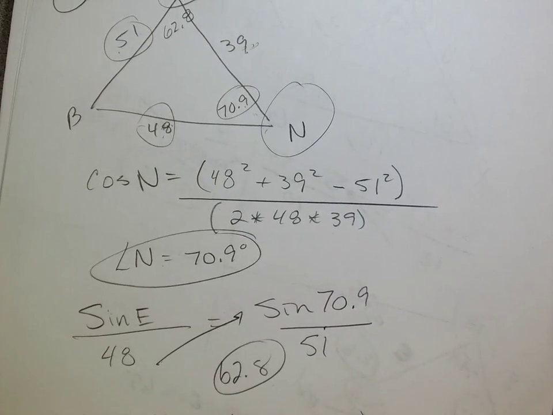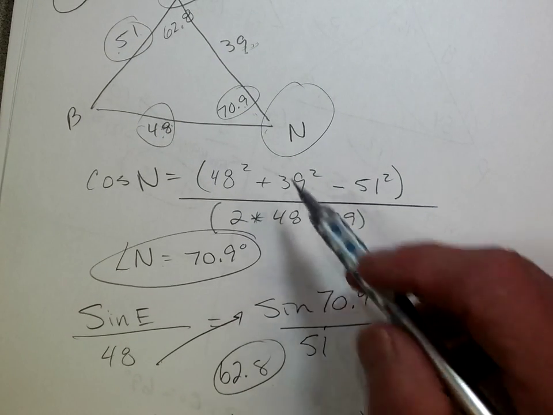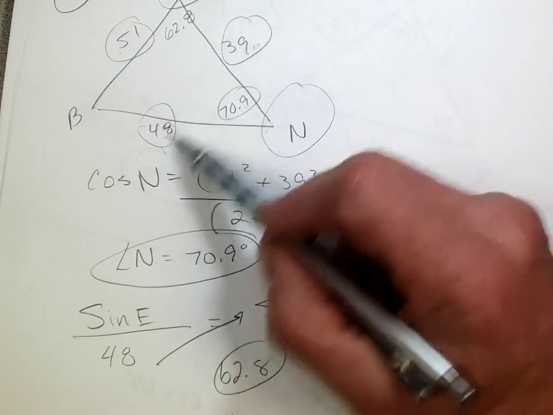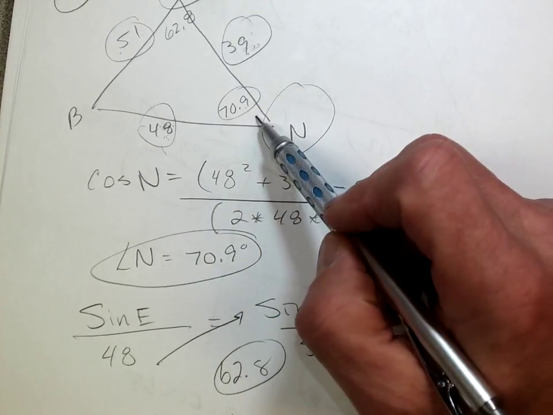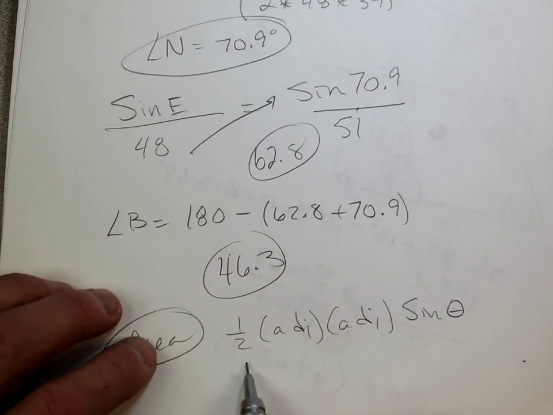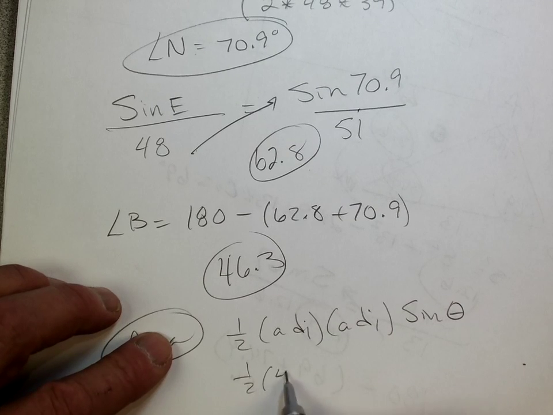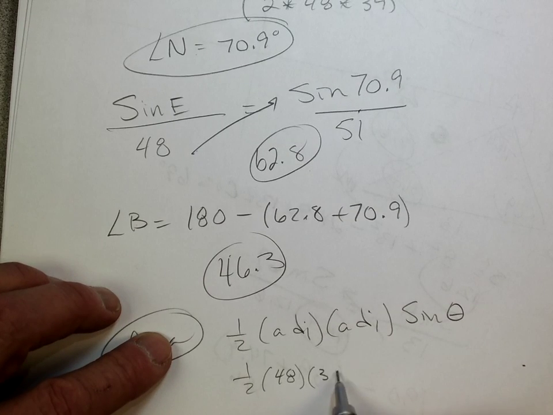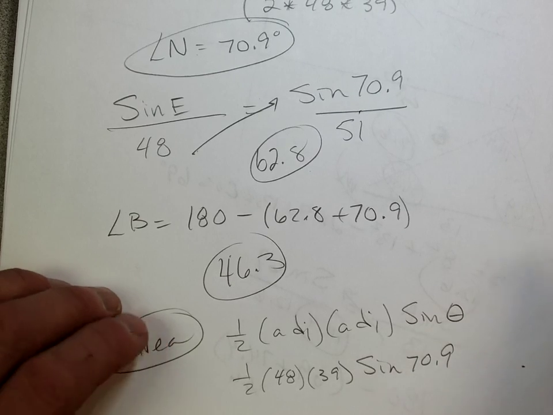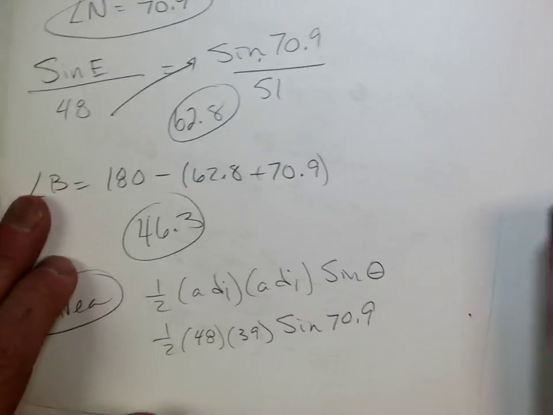Let's use this angle N. So I got adjacent. There's my two adjacents. There's my angle. So I'm going to go 1/2 times 48 times 39 times the sine of 70.9. And I'm just going to use my calculator, right?